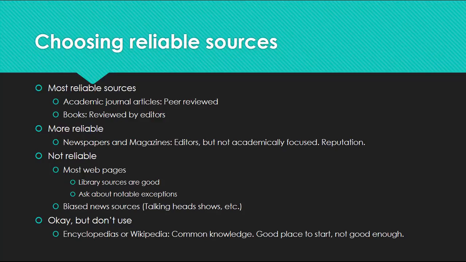So, if you read an encyclopedia article on something, that's a good place to learn about the topic, but to write me a college level paper, you have to go beyond what is in the encyclopedia, right? So an encyclopedia is not an acceptable source for the vast majority of college papers.